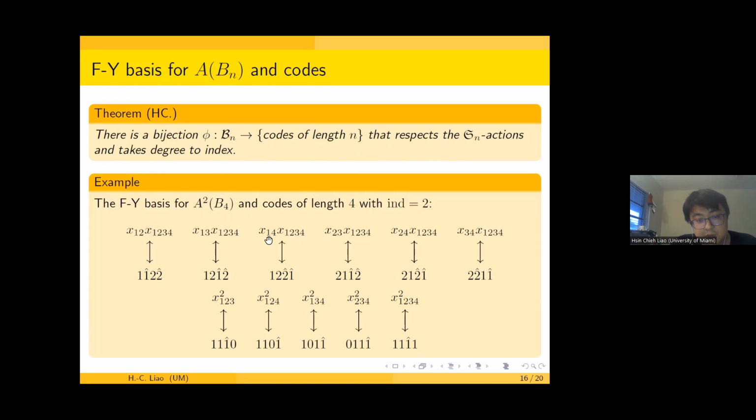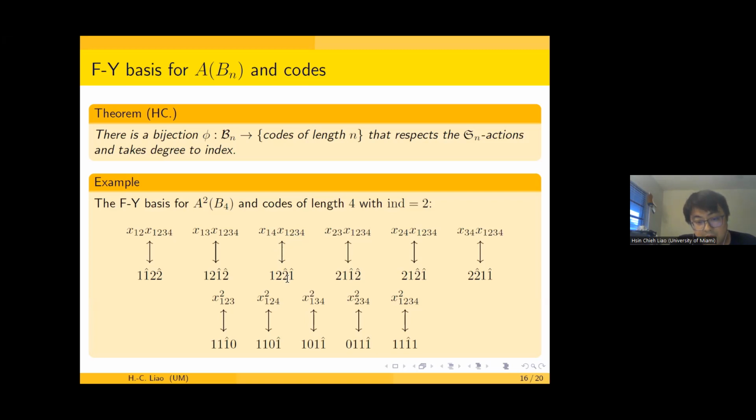You can see, for example, x_{1,4} x_{1,2,3,4} maps to these codes. And the way you biject is, we start with {1,4}, so we just put 1 in positions 1 and 4. The next set is {1,2,3,4}, so we add 2 and 3, so we just put 2 in positions 2 and 3.